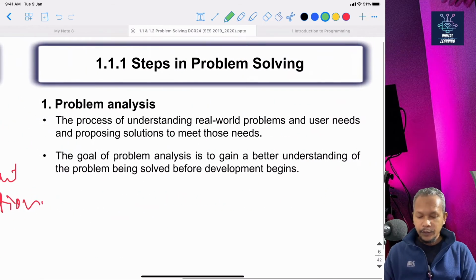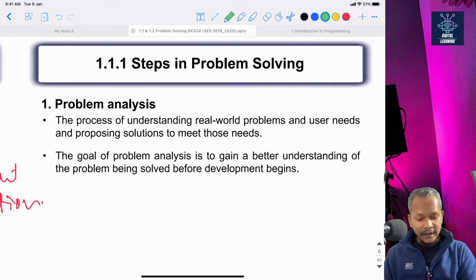Okay, problem analysis is the process of understanding the real world problem and the user's needs and proposing a solution to meet those needs.